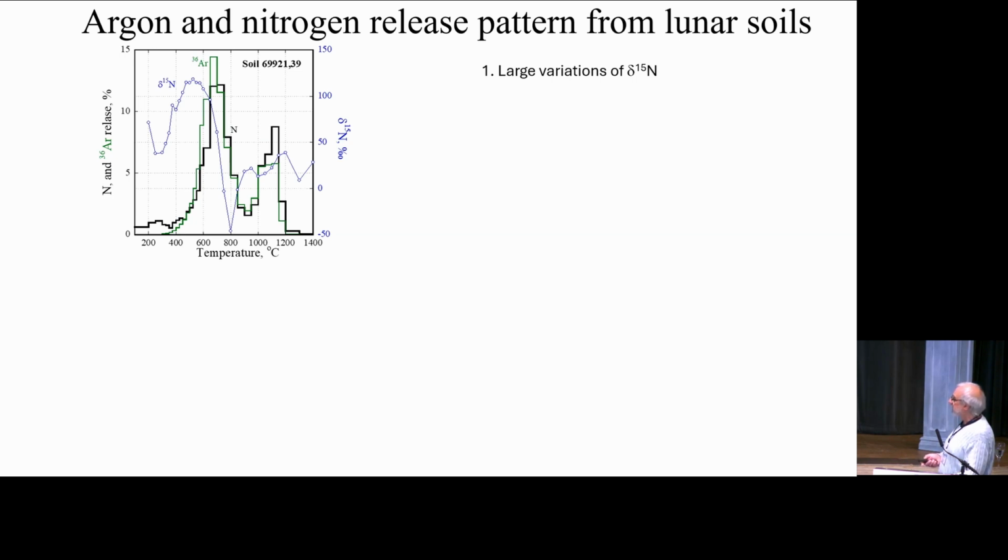So only minus 50 per mil compared to minus 400. And mostly nitrogen is isotopically heavier. There are many sources in the solar system which can supply isotopically heavy nitrogen to the lunar surface, like meteorites, IDPs, or comets.